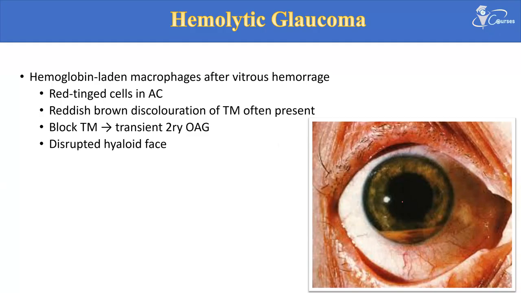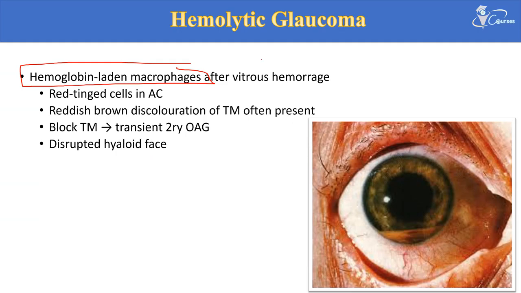The macrophages will engulf the hemoglobin from these RBCs, and then be present in the anterior chamber as red tinged cells. They can show reddish brown discoloration of the trabecular meshwork and block it, causing transient secondary open angle glaucoma.